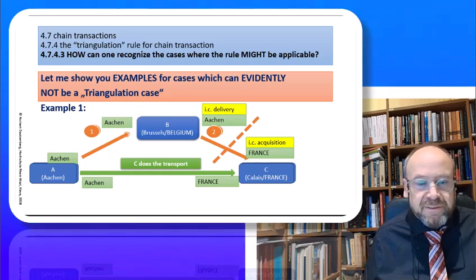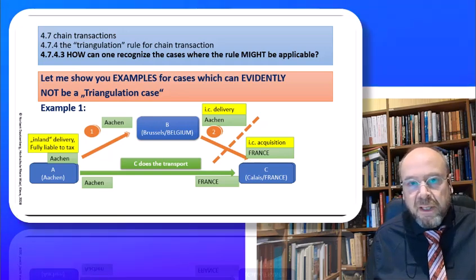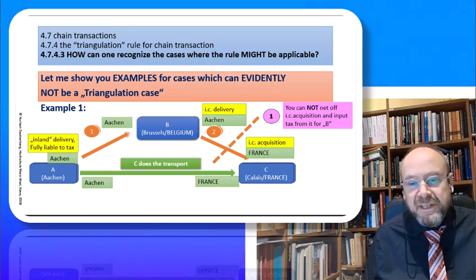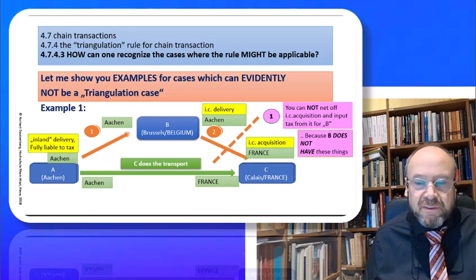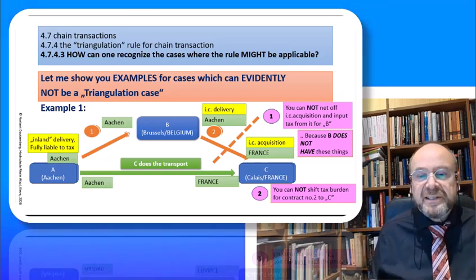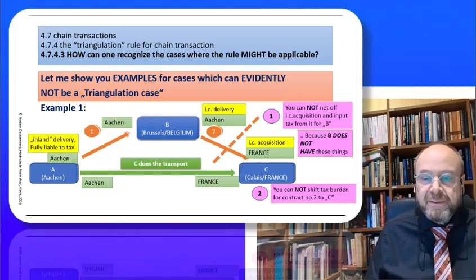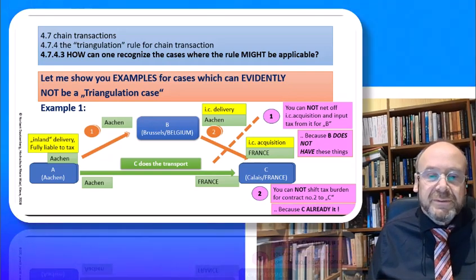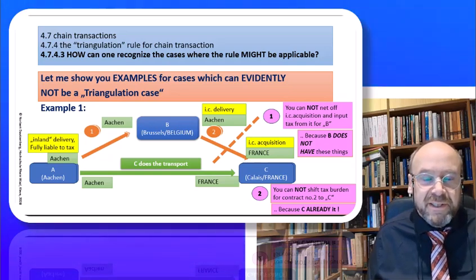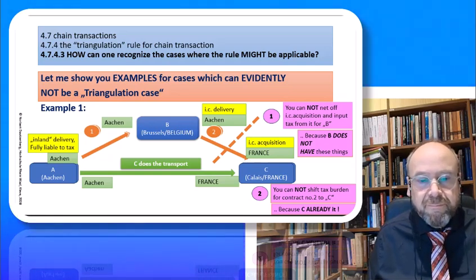And we have an inland delivery between A and B. So it's immediately evident that you cannot net off IC acquisition and input tax from it for B, because B doesn't have that. And you can't shift the tax burden for contract number two to C, the final customer, because he already has that tax burden. So definitively no case for the application of the triangulation case simplification rules.